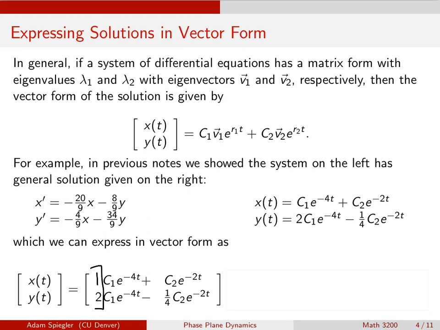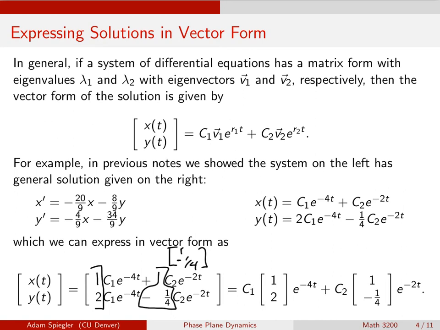For the e^(-2t) terms, the vector in front has 1 on the top and -1/4 on the bottom. If I wanted to write this in vector form, I just factor out the constant and the e^(-4t), and what was left was this column vector (1, 2). Over here, I had a 1 in front of this and a -1/4 in front of that. So that's how we can take a solution and express it in vector form.